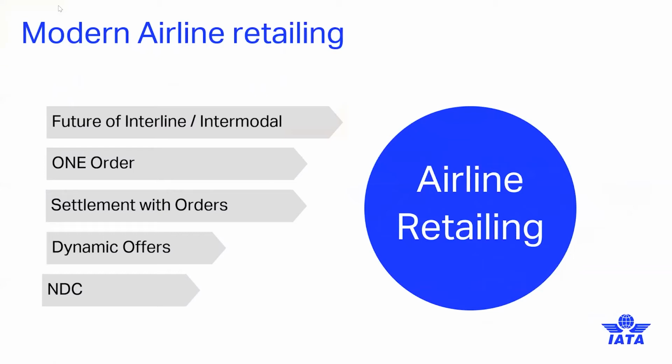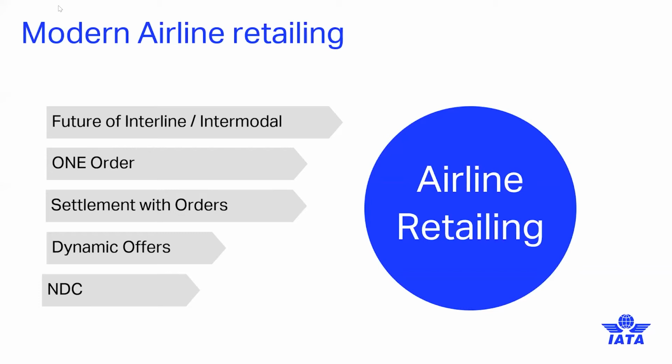Again, it's a pleasure to be here with you talking about NDC, but most importantly, talking about modern airline retailing. You started to see that the industry has shifted away from only talking about NDC. It's more about focused digital modern retailing. Digital modern retailing basically means that we have to place our customers at the center of the shop, order, pay ecosystem, regardless of the shopping channel that they are looking at.